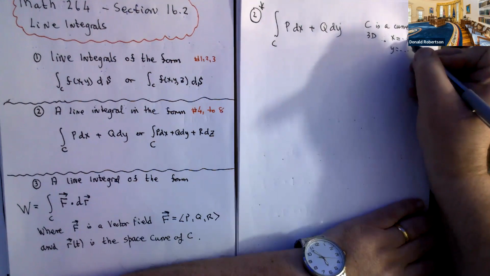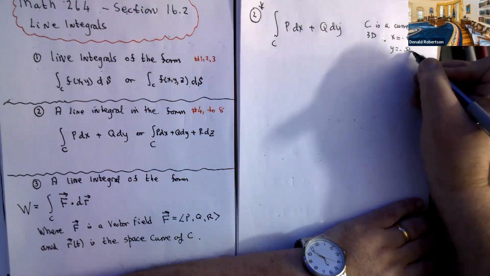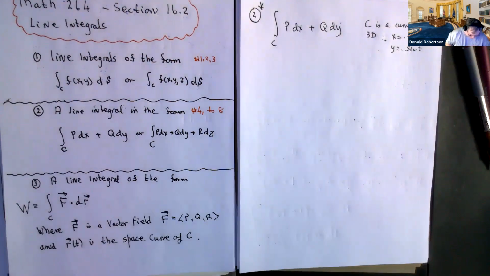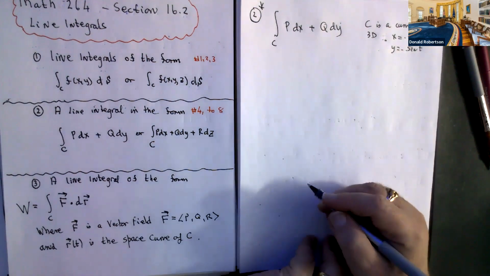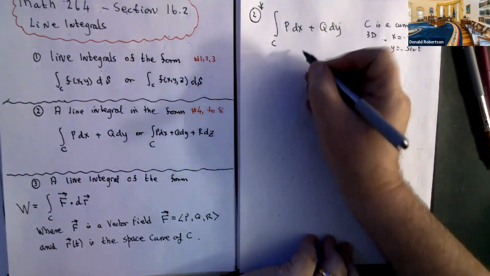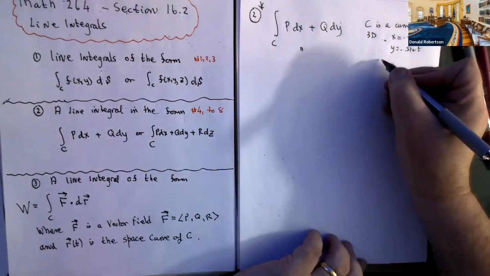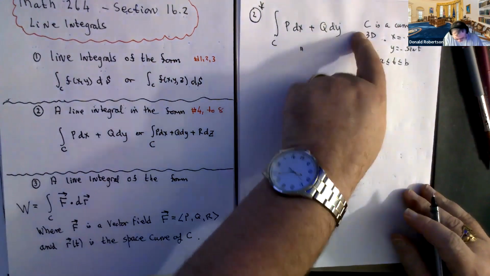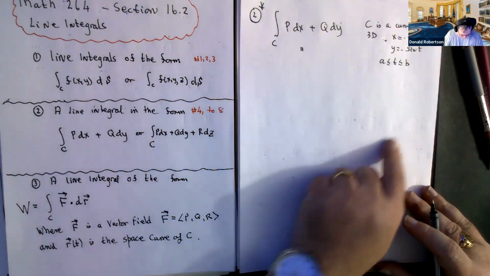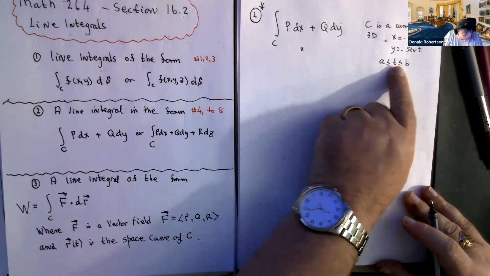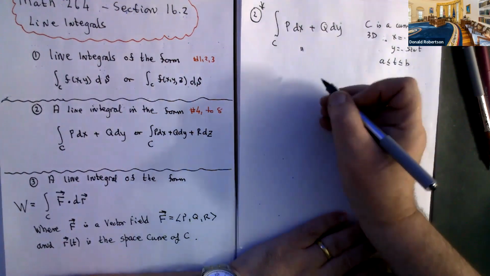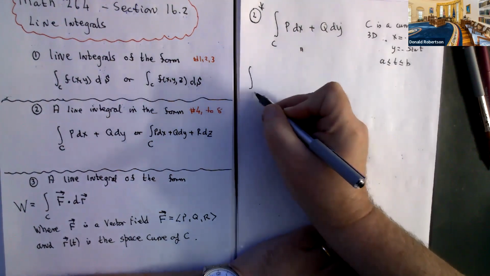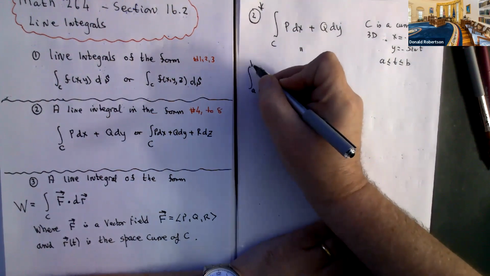So it might be t squared and sine t. Oh, and you're going to have a t from a to b. So C is some curve written down in parametric form, starting at t equals a, finishing at t equals b. And this is what it would look like. It would be the integral from a to b.